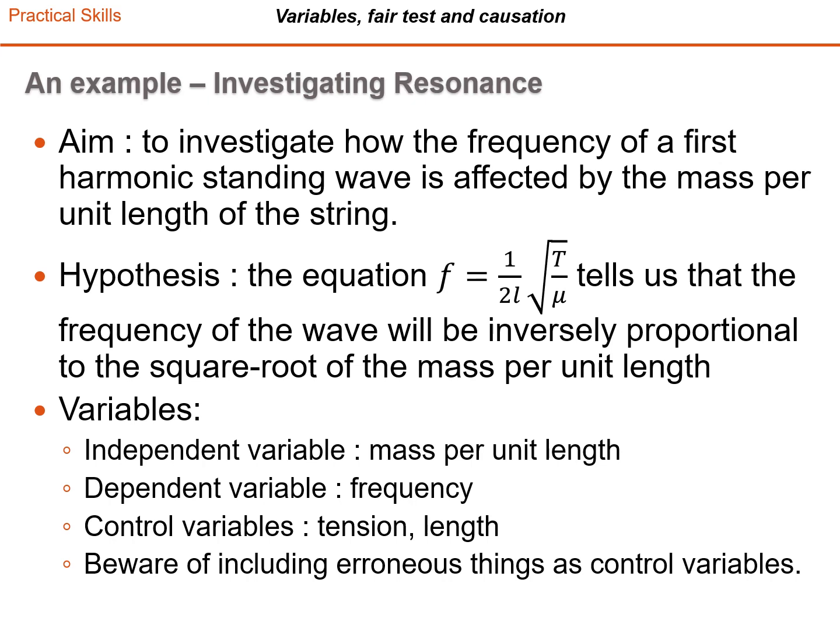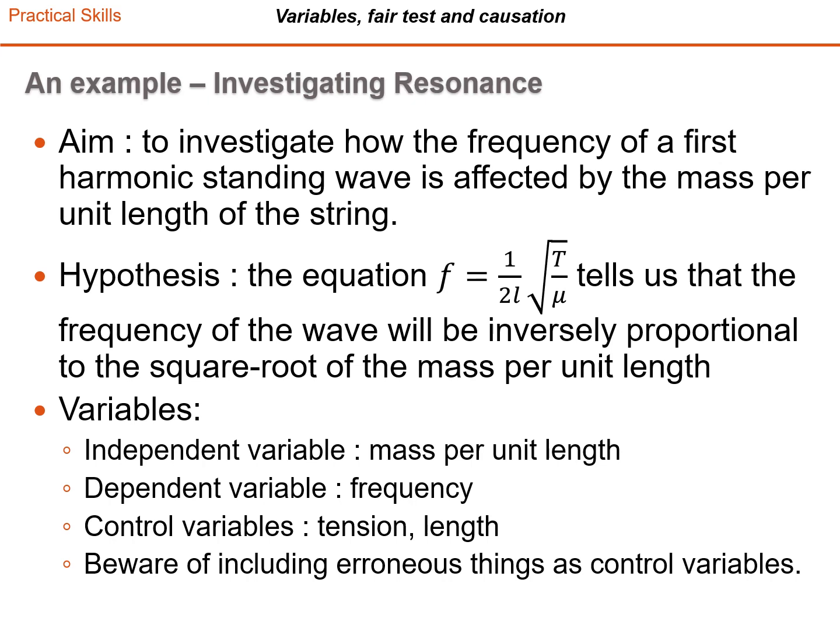That pulley may have friction, and so that friction, the static friction in the pulley, may reduce the tension that we expect there to be from the weights. And so we do need to either make sure we're always using the same pulley, or we make sure the pulley is suitably lubricated such that there is minimal friction in it.